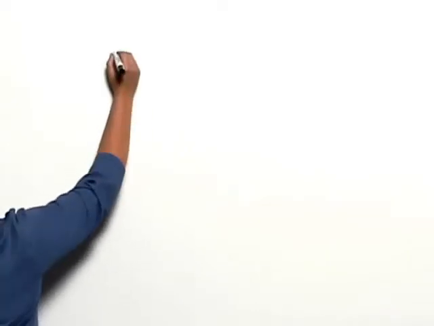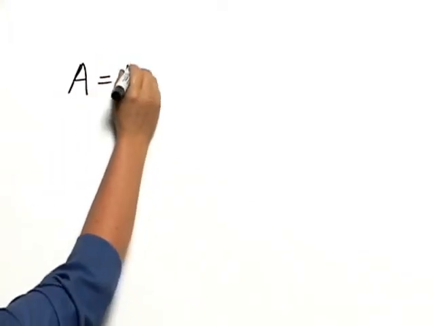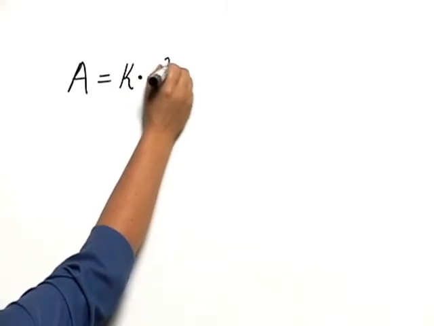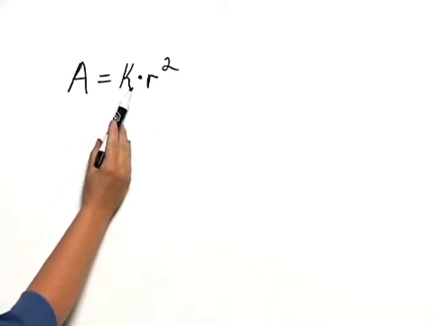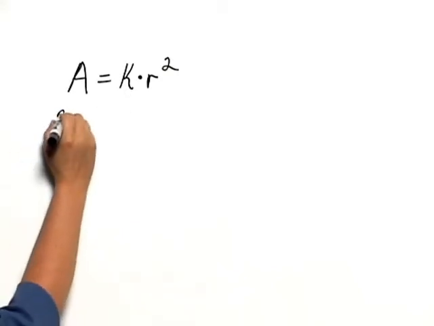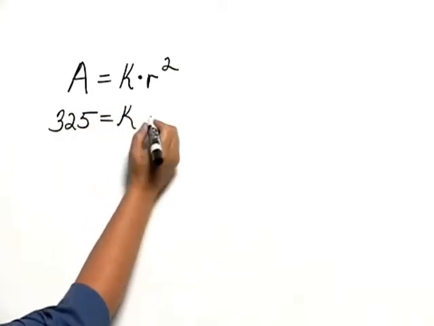radius, that means that we can write an equation of the form A, that's the surface area, equals K times the radius squared. Now what we're going to do is use the information that we're given to find a value for K first. We're told that the surface area is 325 when R is 5.